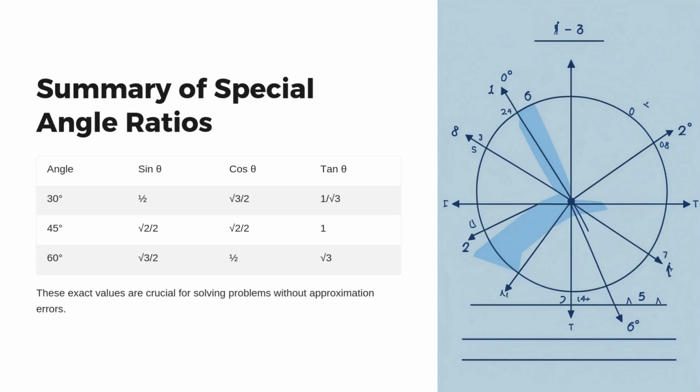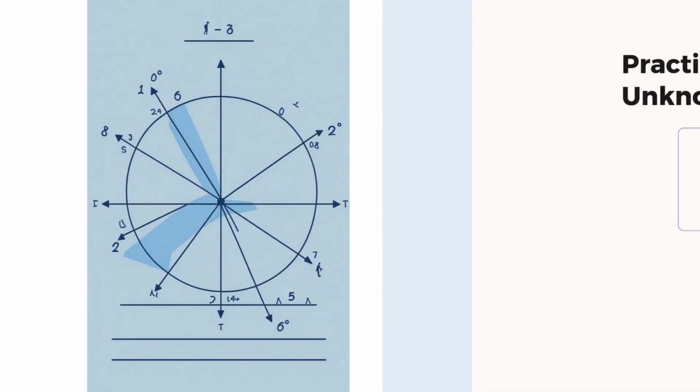For 45 degrees, sine 45 degrees equals square root of 2 over 2. Cosine 45 degrees equals square root of 2 over 2. Tangent 45 degrees equals 1. For 60 degrees, sine 60 degrees equals square root of 3 over 2. Cosine 60 degrees equals 1/2. Tangent 60 degrees equals square root of 3. These exact values are crucial for solving problems without approximation errors.